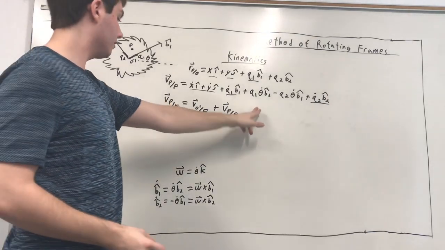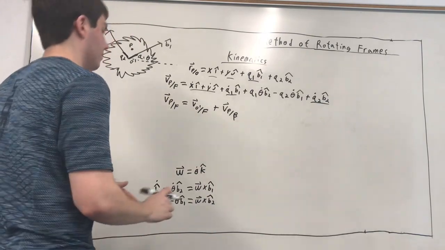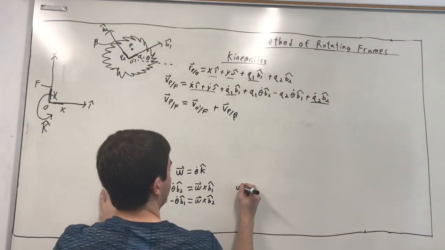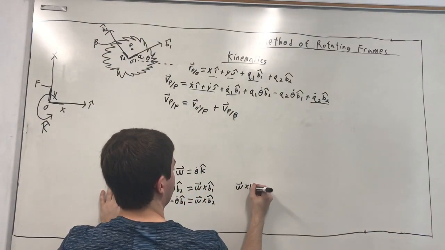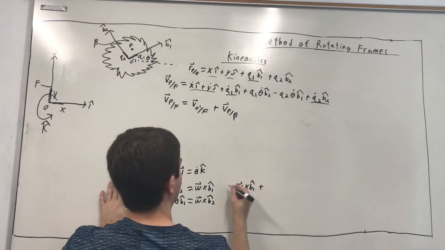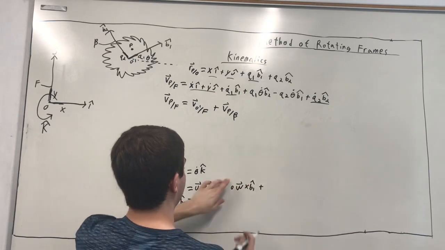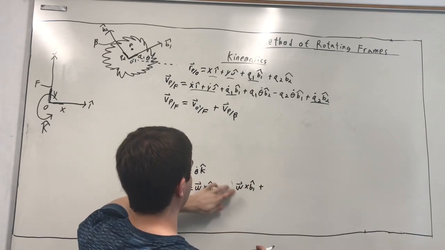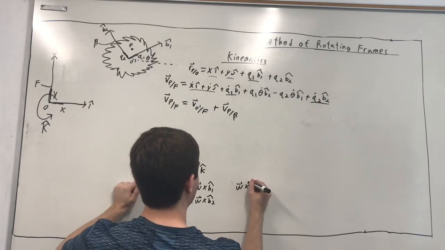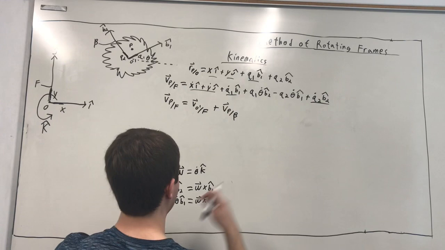So now we take these and we write them in terms of these. So we'll have omega cross with b1 hat plus, there is also a q1 here. Let me just rewrite this.